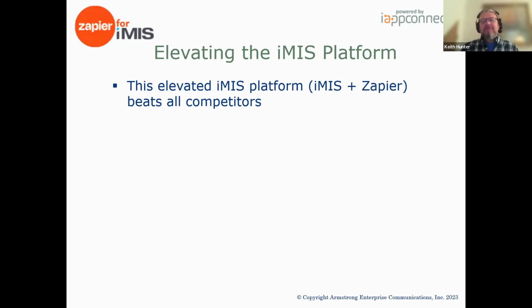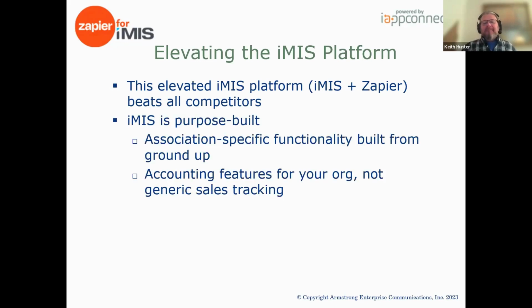But I can tell you that, having worked with other solutions out there, Zapier plus iMIS beats the competition. We've got a purpose-built solution on iMIS with association-specific functionality built from the ground up for your particular needs. This is not a commercial sales tracking tool whose primary audience is the sales manager. This is iMIS, where the primary audience is the association staff, the executive staff, and members, right?